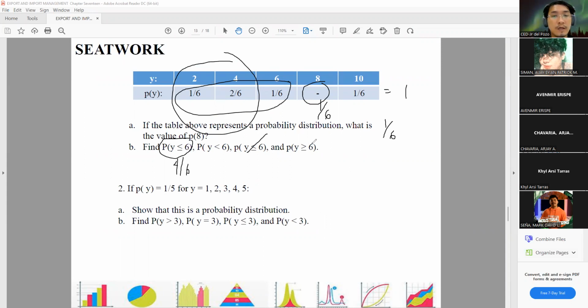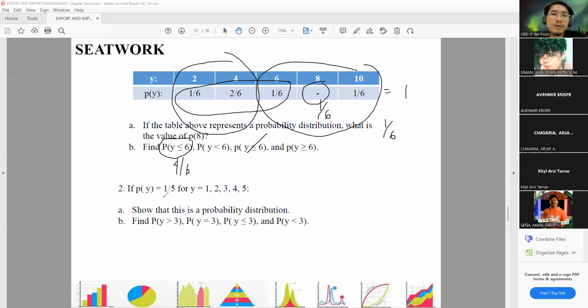And then ito ay P is greater than or equal to 6. One half ulit. Yeah. Kasi ito ay 1/6 plus 1/6 plus 1/6, 3/6 or 1/2.